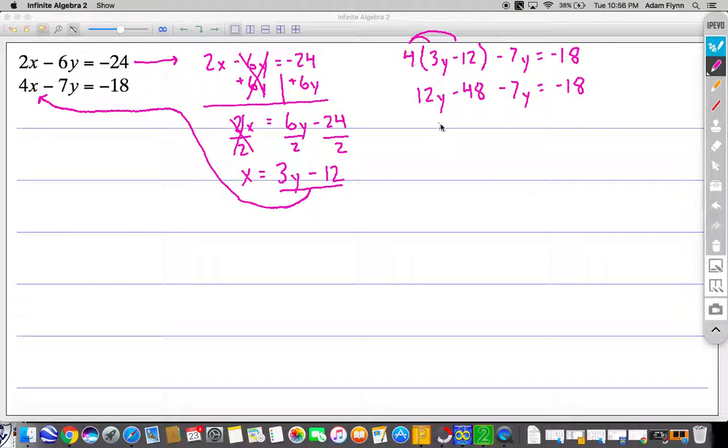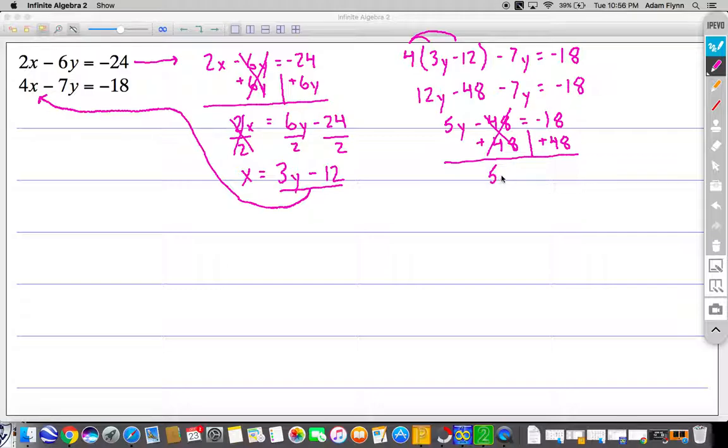12y minus 7y is going to be 5y. I haven't touched the negative 48. And I haven't touched the negative 18 yet. So I can add 48 to both sides. When I do that, negative 48 plus 48 cancels.